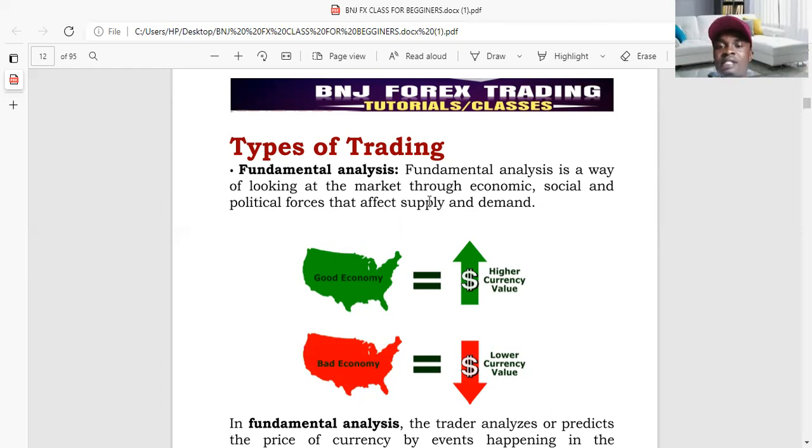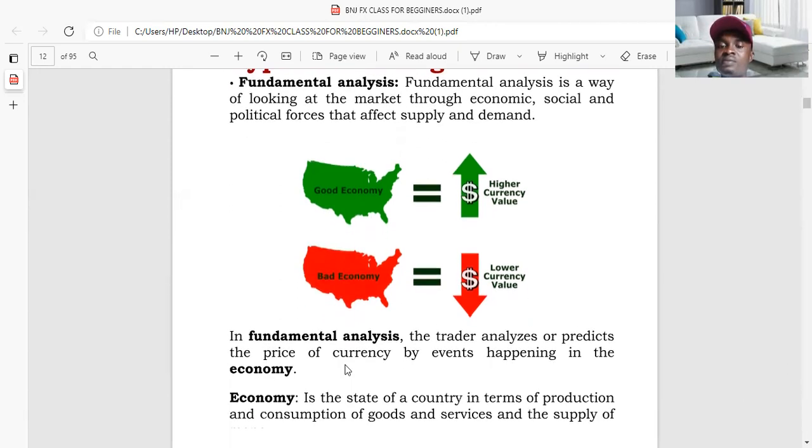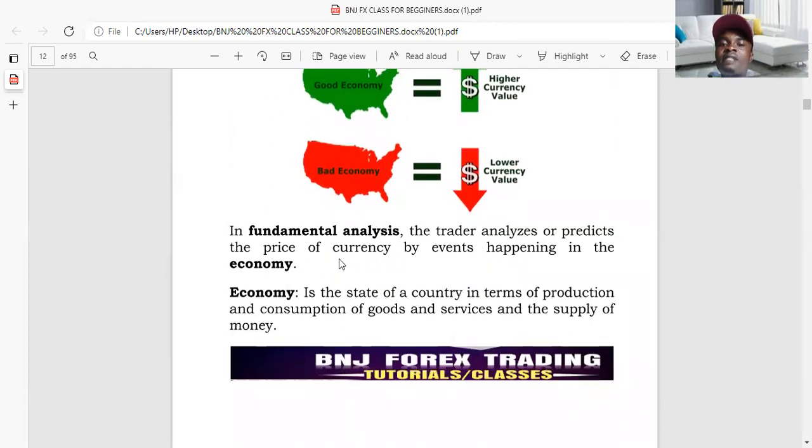That means to say that, one, you need to know what the economic situation is of a country you want to trade on. And we say in fundamental analysis, the trader analyzes or predicts the price of a currency by events happening in the economy.